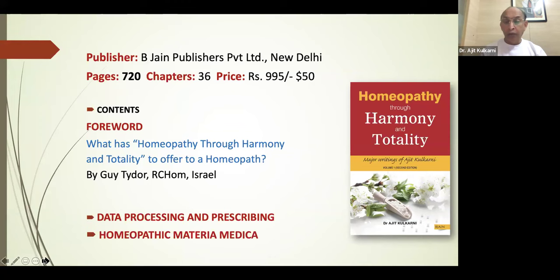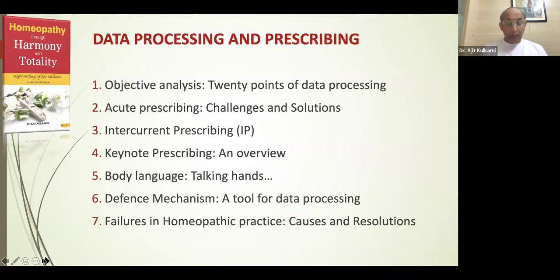Then I have a huge presentation of more than 700 pages on homeopathic materia medica. This volume is of 36 chapters, the largest one, containing 720 pages. Data processing and prescribing contains 7 chapters.